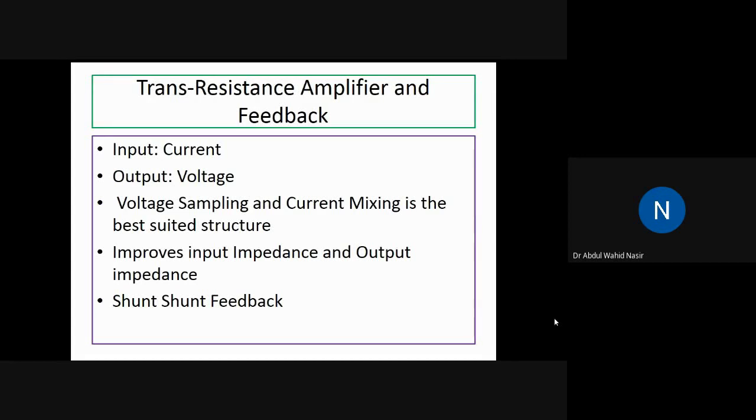That's why it is called a trans resistance amplifier. So you'll be sampling the voltage and mixing the current. Voltage sampling and current mixing is the best circuit structure. Already we know that it improves the input impedance and output impedance. Again, how? We'll see in shunt feedback. These are all things we know.